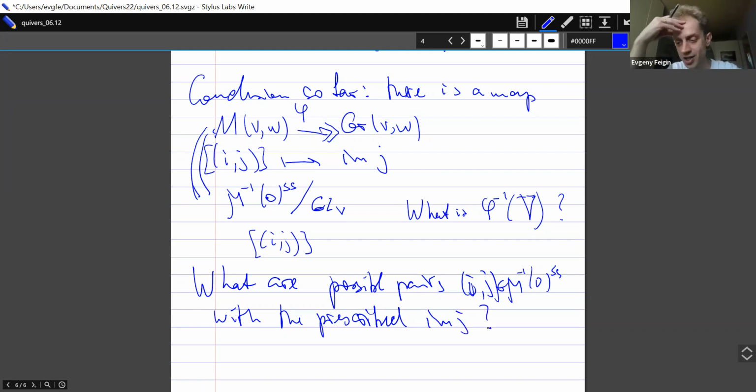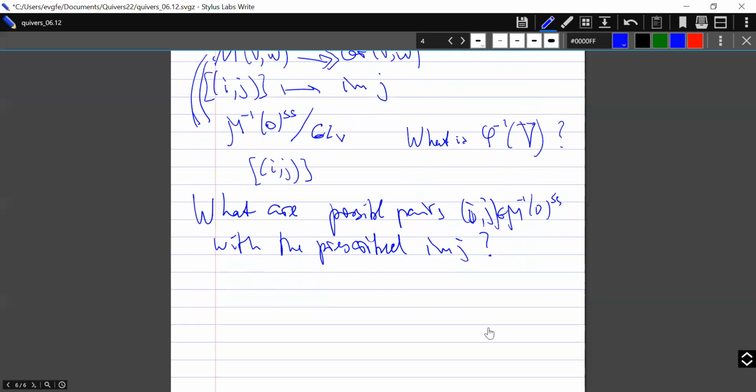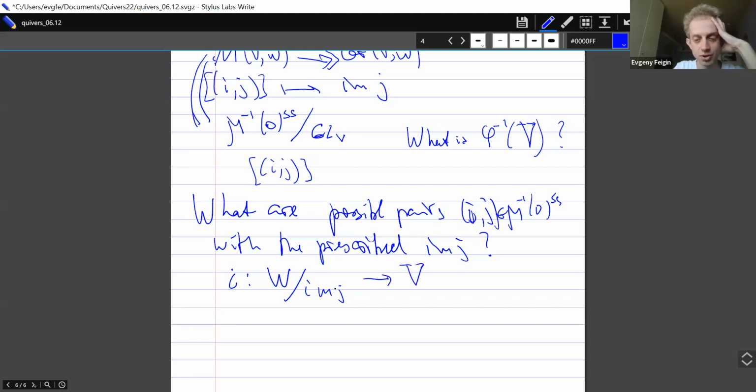If the image of J is fixed, we are asking for what are possible pairs ij with the same image of J. Well, I should be a map from the quotient by this image to V. That's right. And so have you seen such an object? What is it responsible for?